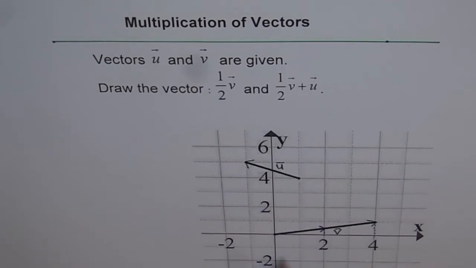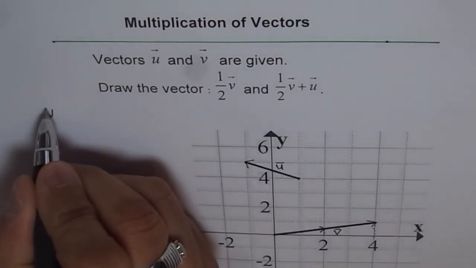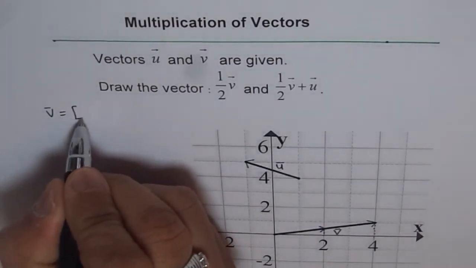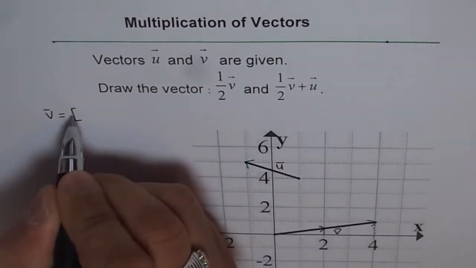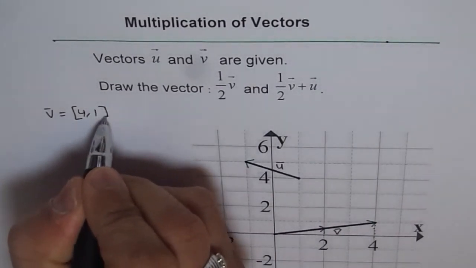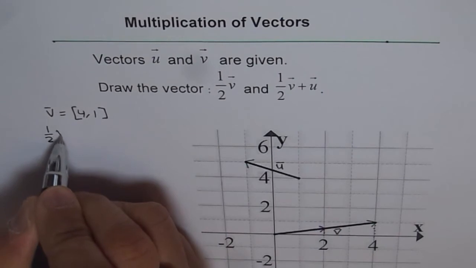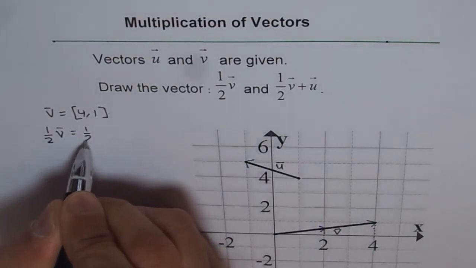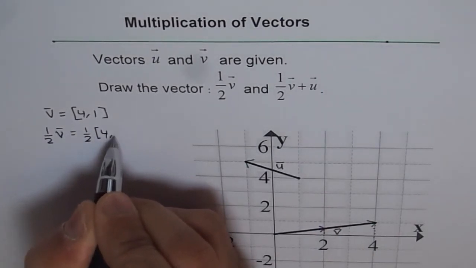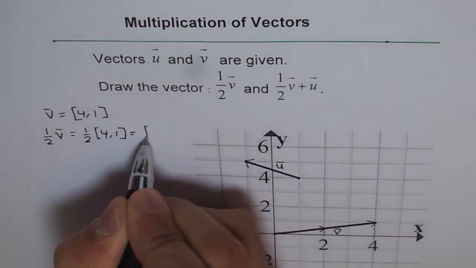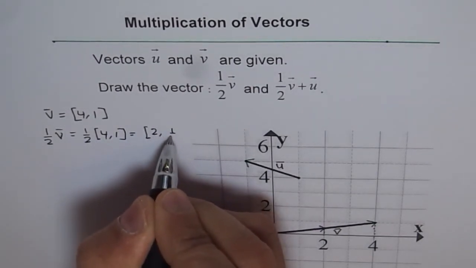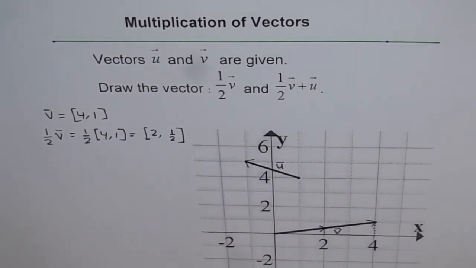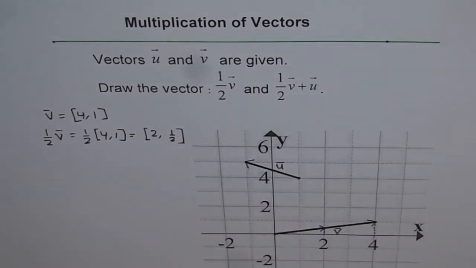For example, I can write vector v as equal to 4, 1. So half of v is equal to half of 4, 1, right? That is 2, 0.5. So I have 2, 0.5. That is how I can make half of v, right?